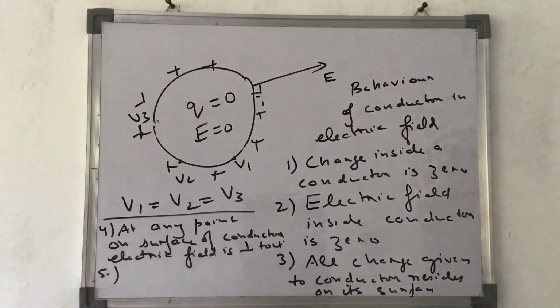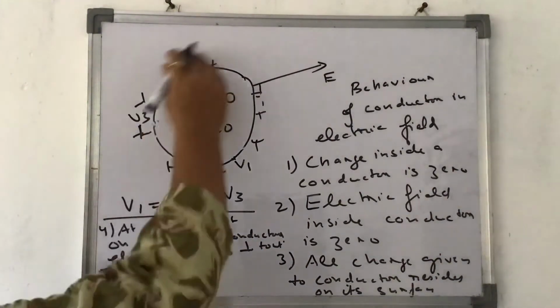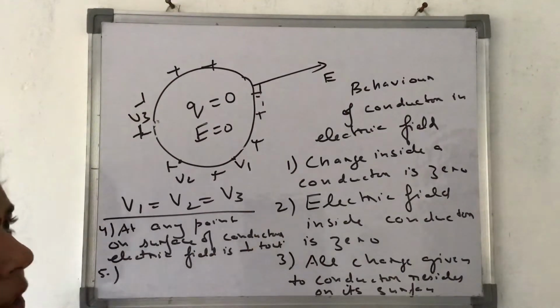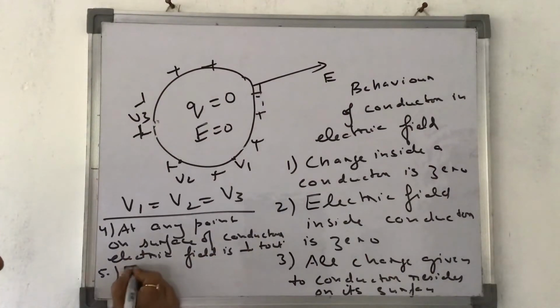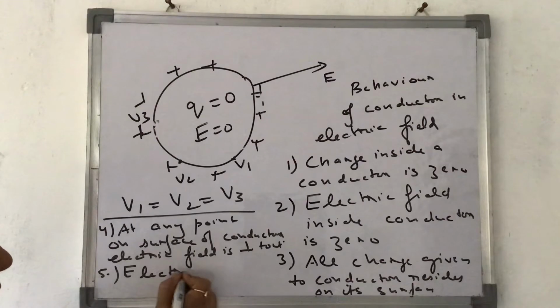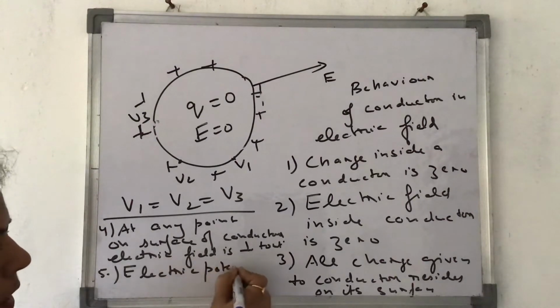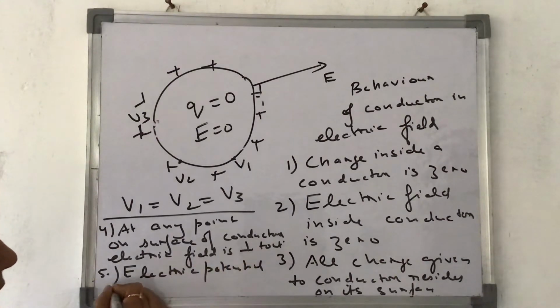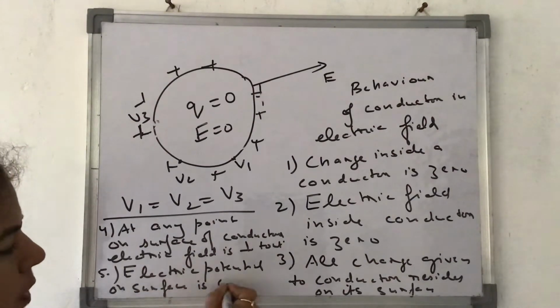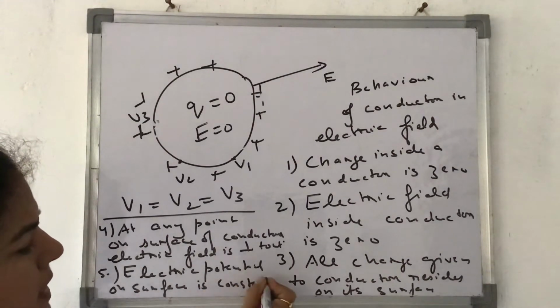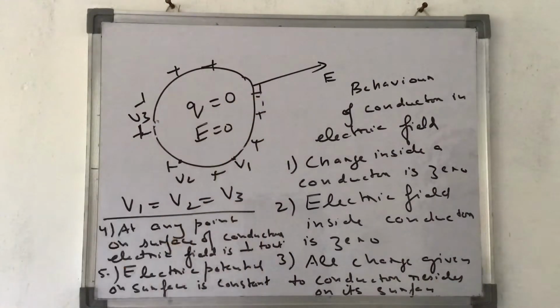Last, fifth point: the electric potential on the surface is constant. That means the entire surface of this conductor is behaving like an equipotential surface.